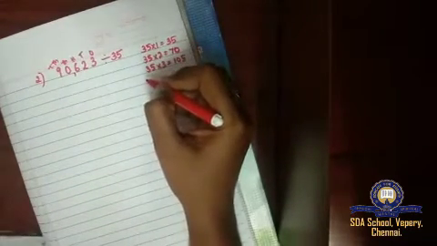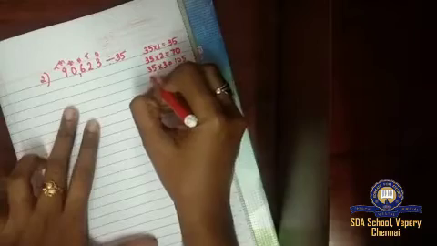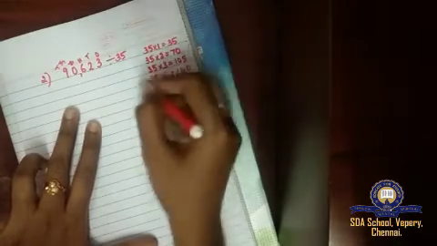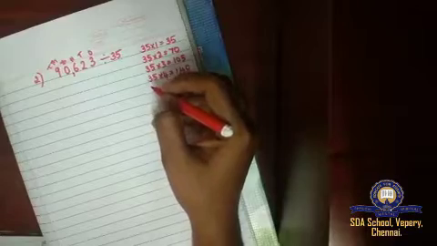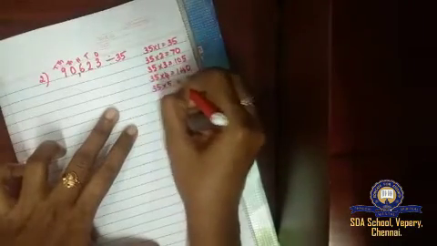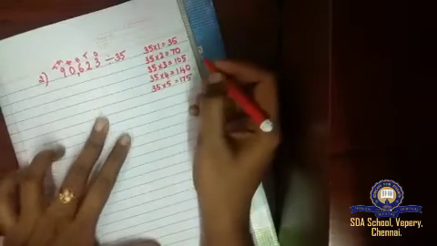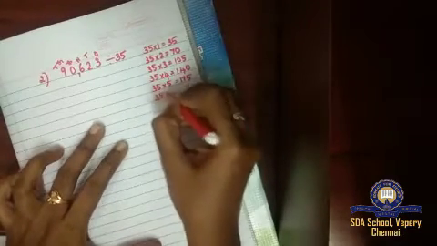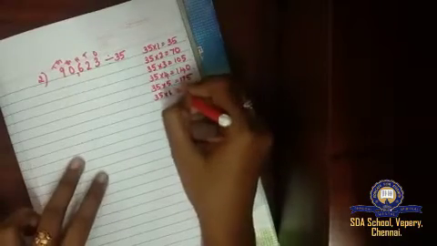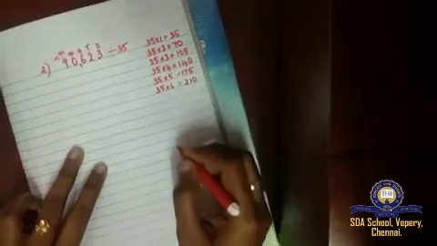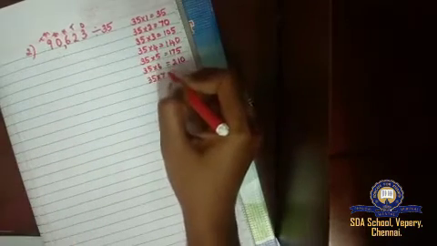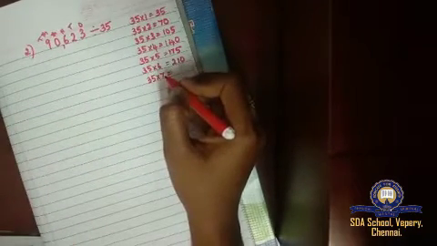So 90,623 we are going to divide by 35. Shall we write the 35 table here? 35 ones are 35. Okay, 35 twos are 70. 35 threes are 105. Okay, 35 fours are 140.